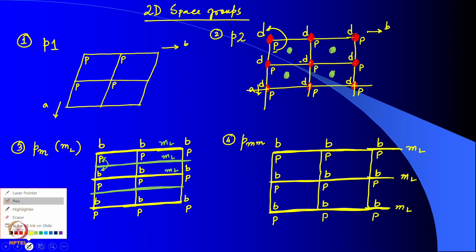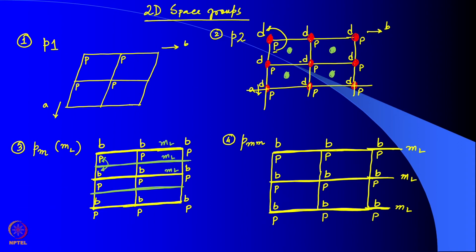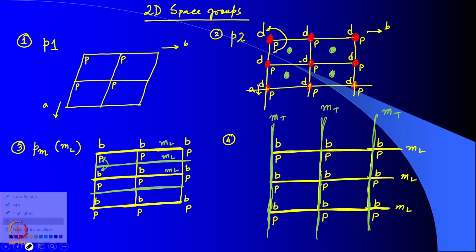Now since this is MM, we have transverse mirrors also, which run perpendicular to our longitudinal mirror that I am drawing now. So if we draw the corresponding symmetry related object, let me erase this and write it somewhere else, otherwise we will not have enough space.